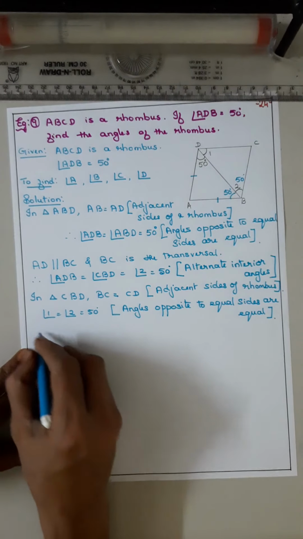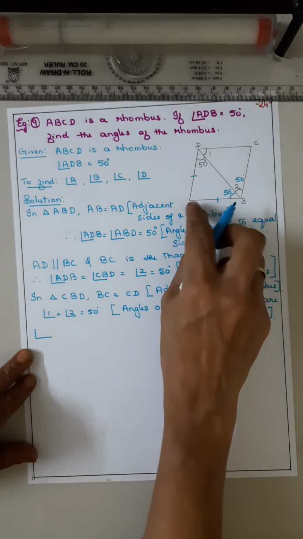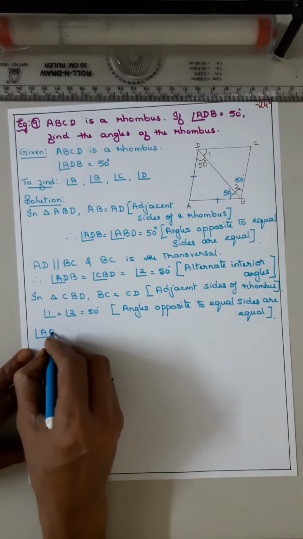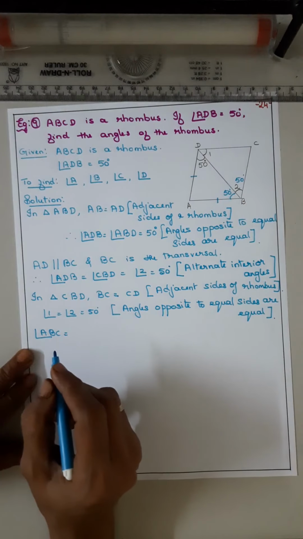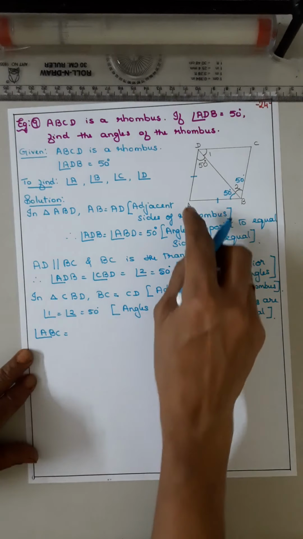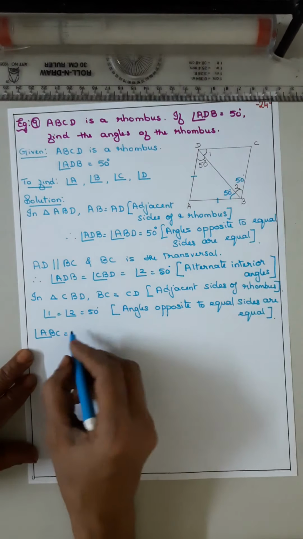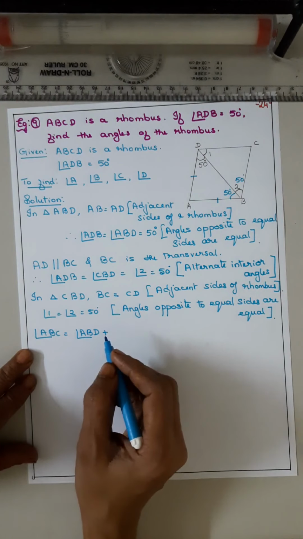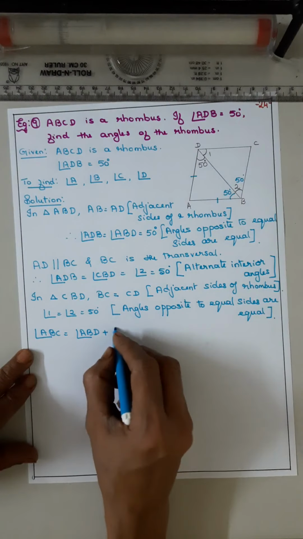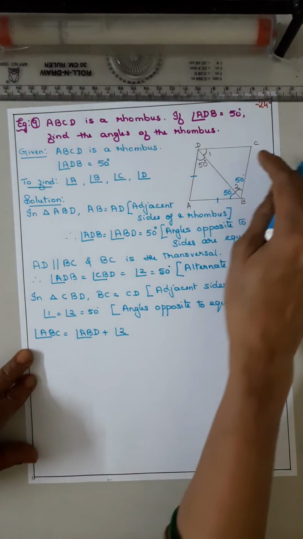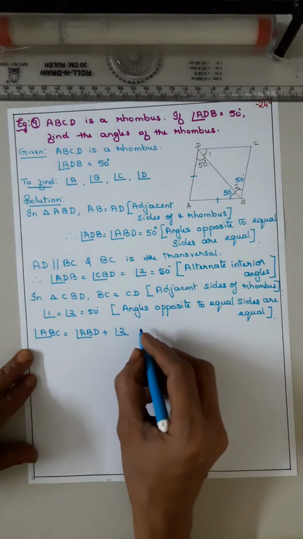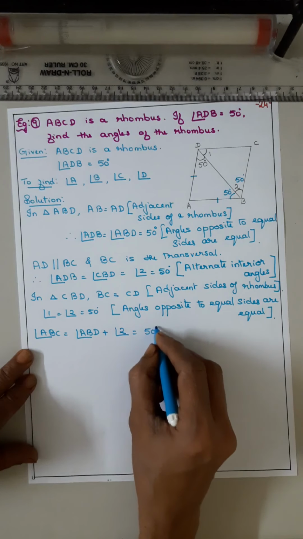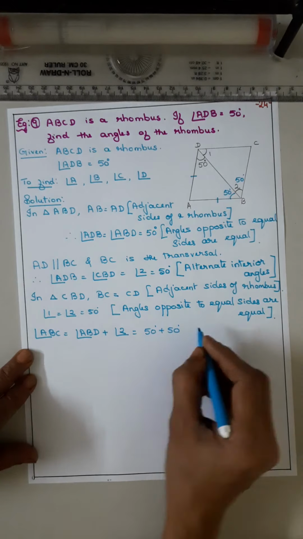Now you will get angle ABC. Angle ABC, that full angle, will be equal to angle ABD plus angle 2, that is angle CBD, isn't it? So total 50 plus 50, you got how much? 100.